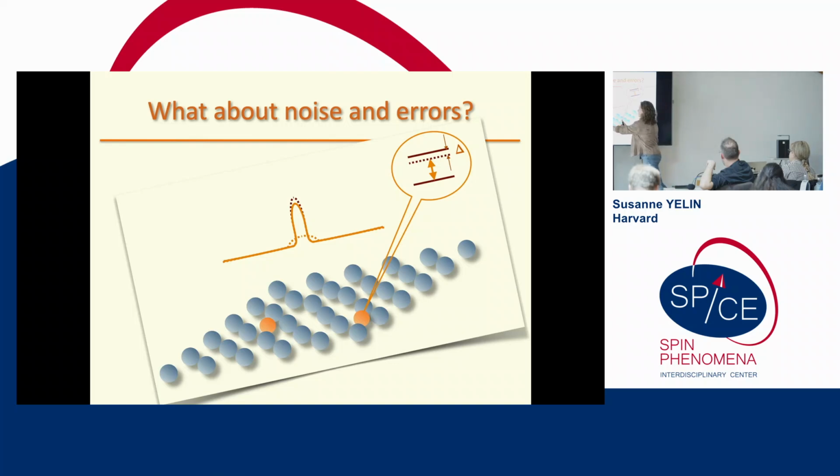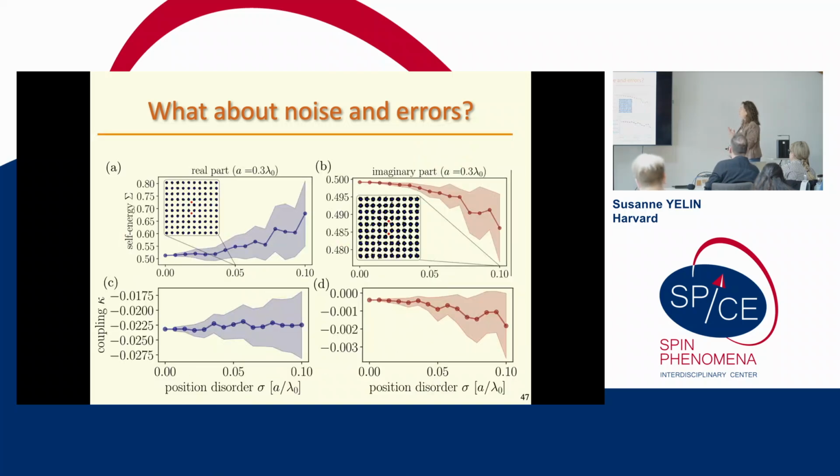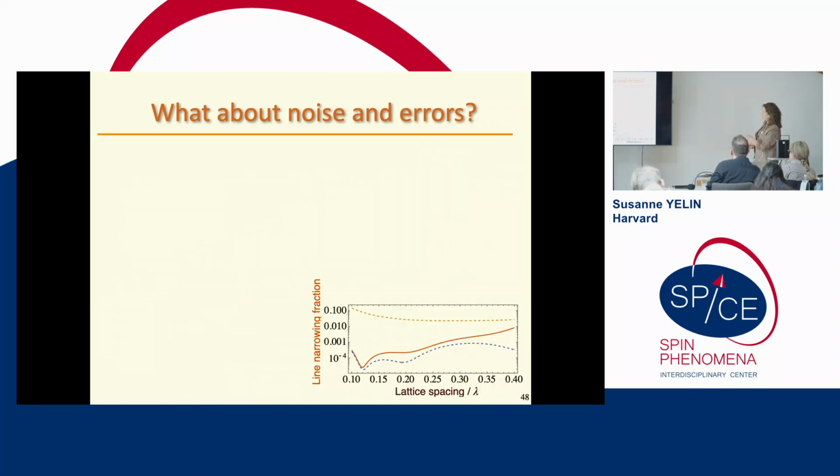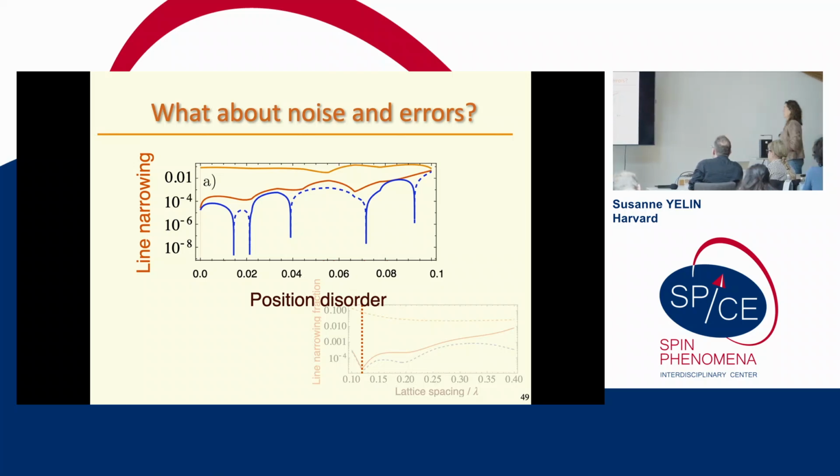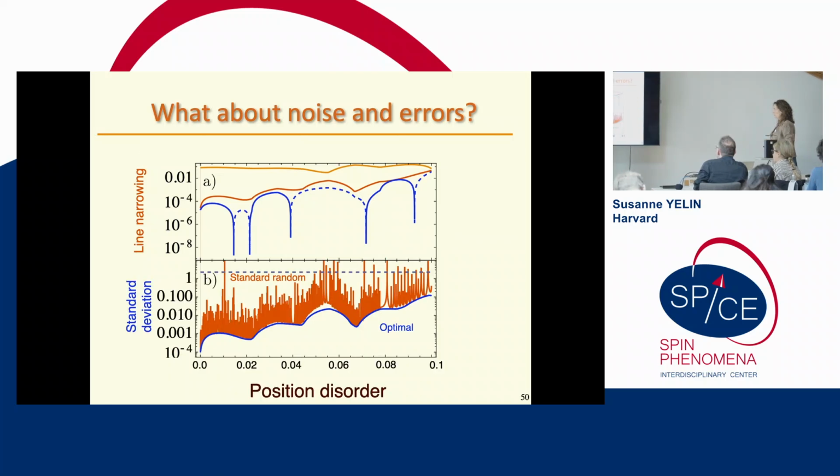Let's make sure that they look like they're on resonance again. And then let's do the measurement again. And it actually turns out that you can nearly get back to the original form, which we see here. So here we get not quite to 10 to the minus 5, but nearly. Just by re-gauging the system, even with disorder up to 10% of the position. And here's also the standard deviation.